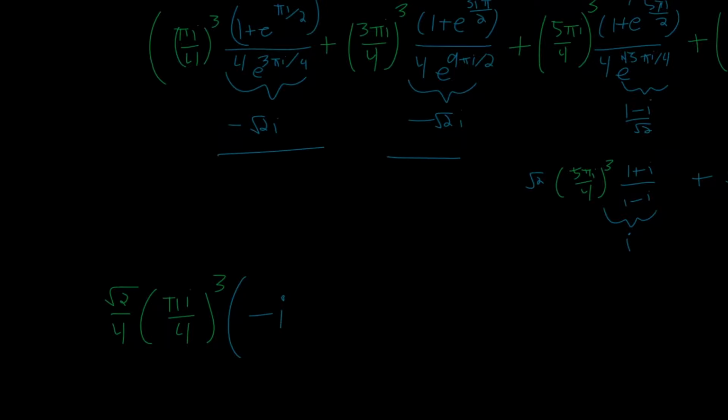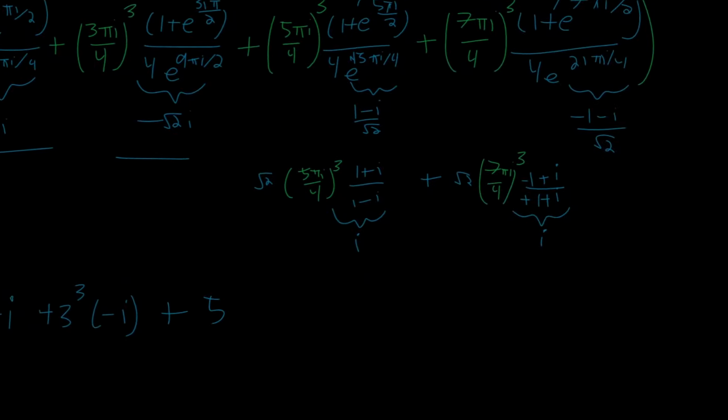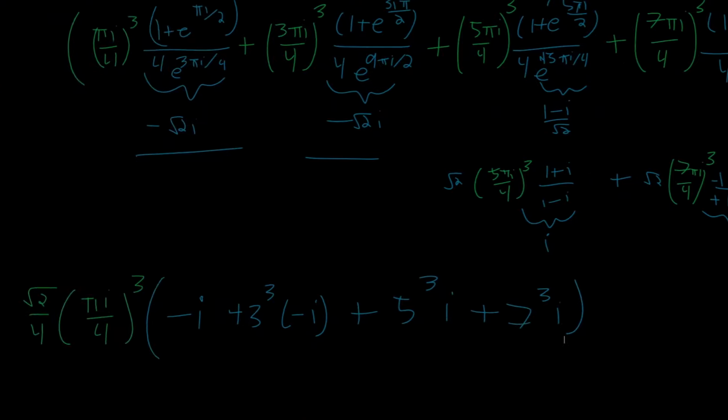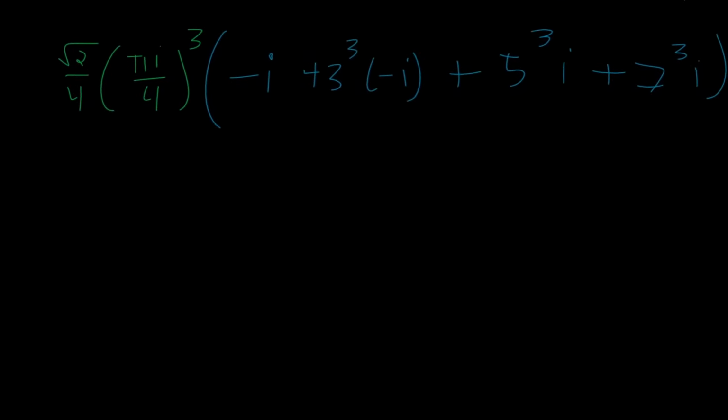Here we have plus 3 to the third times minus i. Next we have a 5 to the third times i, and then plus a 7 to the third times i. This is very much simplified and maybe even nice to look at.